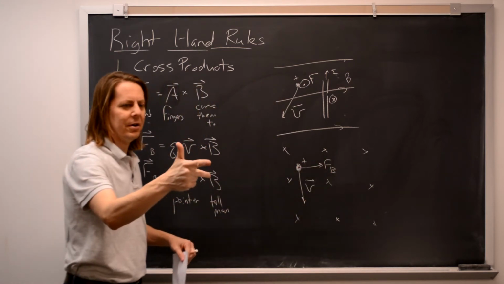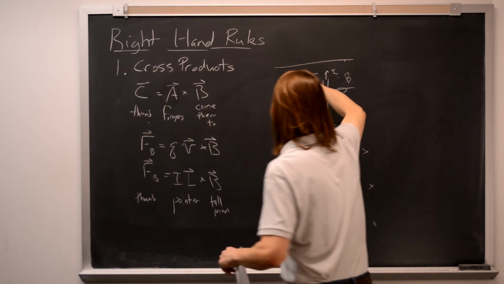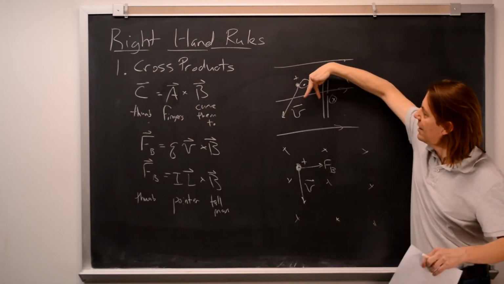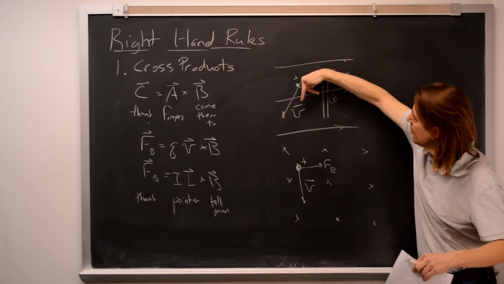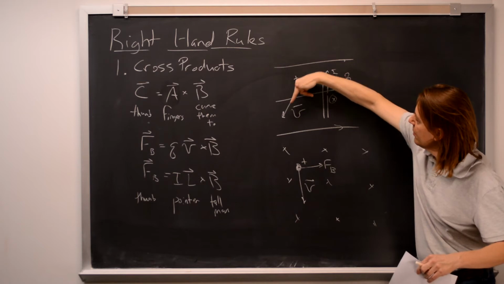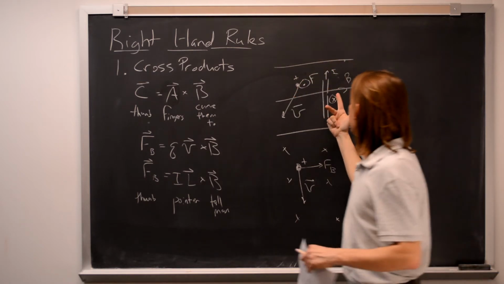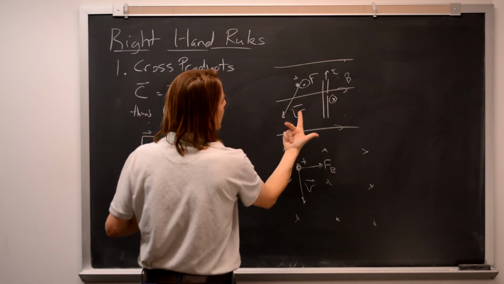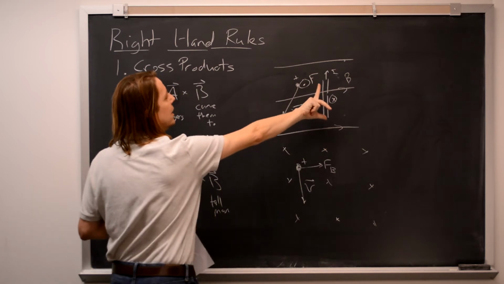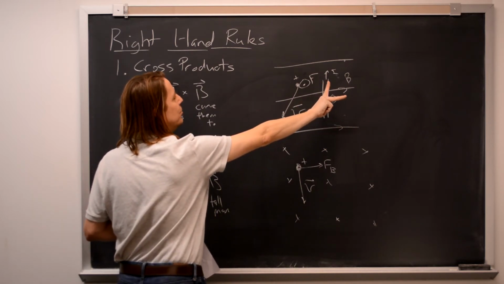Let's do this method. For this one, I put this along V, and then I need this one to be B. There we go. V and B, my thumb is out. And then here, pointer along I, tall man along B, it's in.